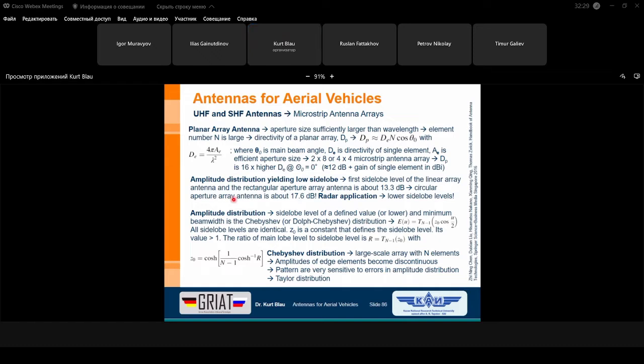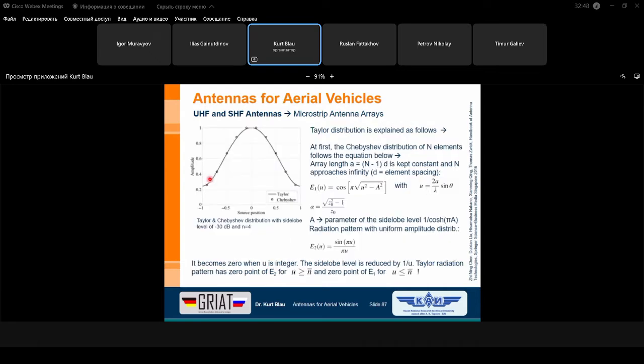Then we had a discussion about the amplitude distribution of the single elements in the frame of such an array. We can apply different magnitude distributions of the single elements, for instance after Chebyshev, or another, the Taylor distribution, but in every case we have to take into account that the overall beamwidth will be wider.